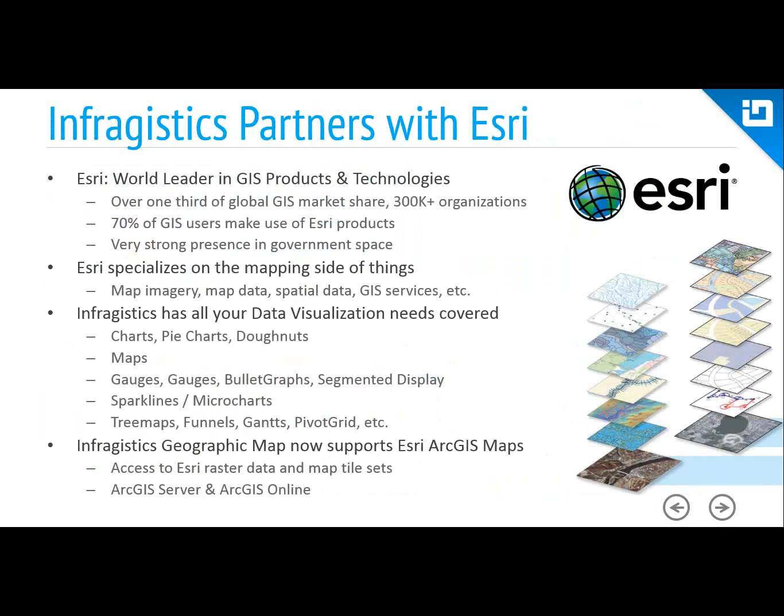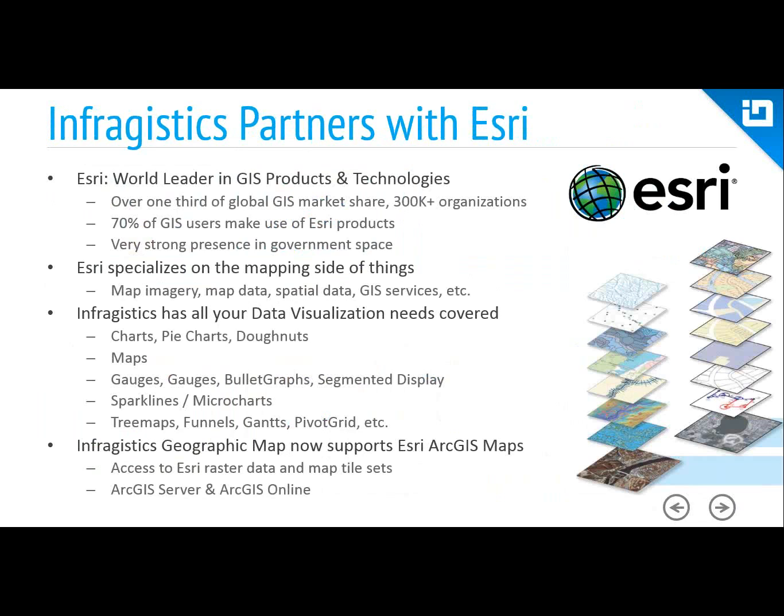So we have a complementary story with Esri where they provide awesome map services and imagery, and then we can host all of that in our map control combined with the rest of our controls to create really advanced BI applications with geospatial access in them. So our geographic map control for Silverlight and WPF now supports Esri ArcGIS maps.